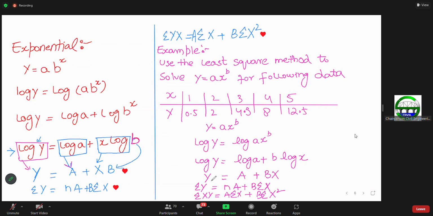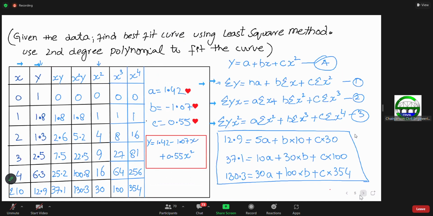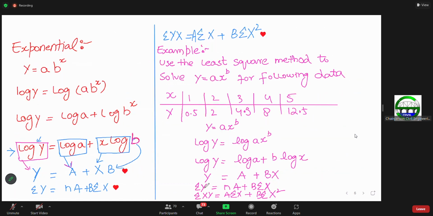Now, what we need? We need first sigma Y, right? And what is sigma Y? Capital Y is equals to log of small y, right?